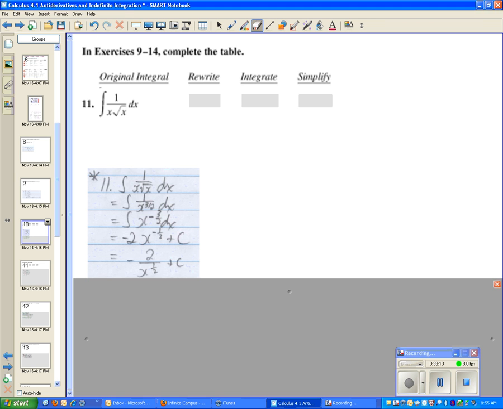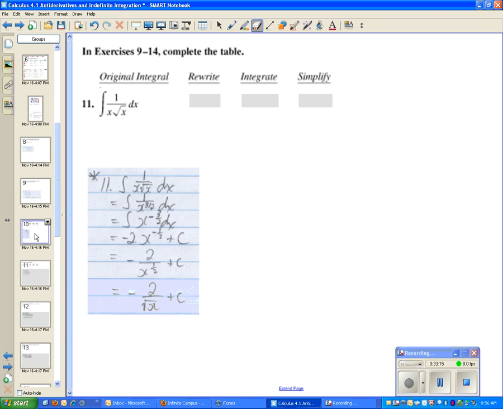But this one's not an issue, so put it back into radical form. We okay with 11? All right.